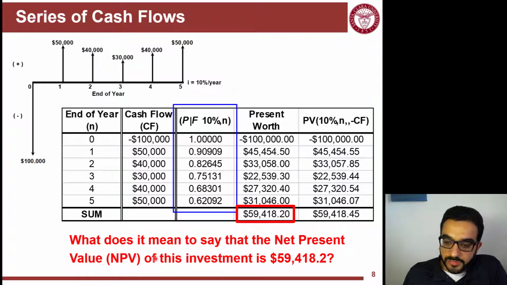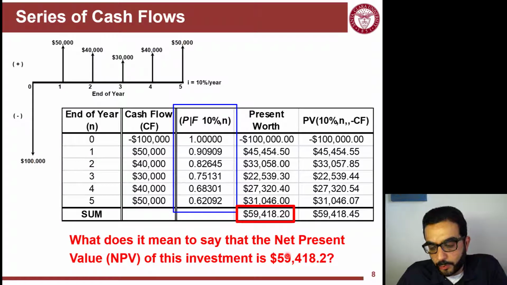And of course here, what does it mean to say that the net present worth is equal to this amount? Like we said, it doesn't have an absolute meaning, but the good thing here is it's positive. So we are getting our 10% time value of money and even more than this.